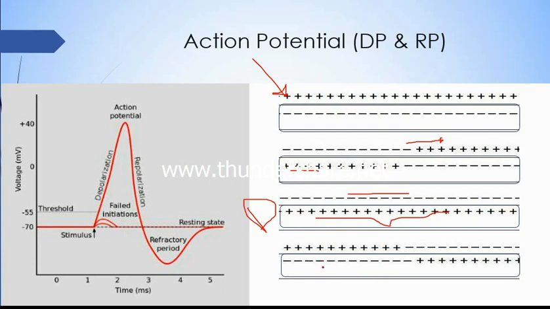And then again the repolarization: these minus charges, from one side to another side, will come back to the normal condition. The positive charges inside will, in synchronization with the outside, become minus, and then the normal condition will occur again.